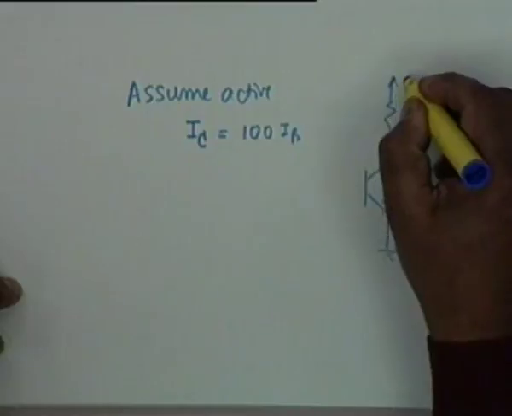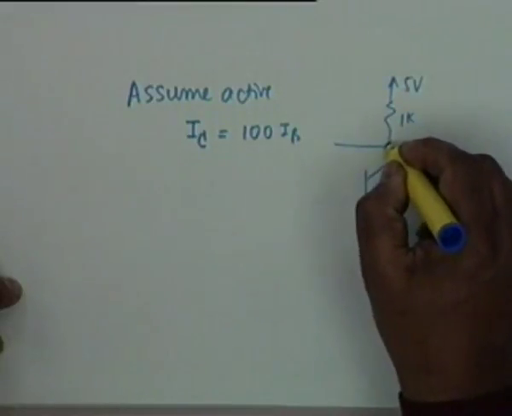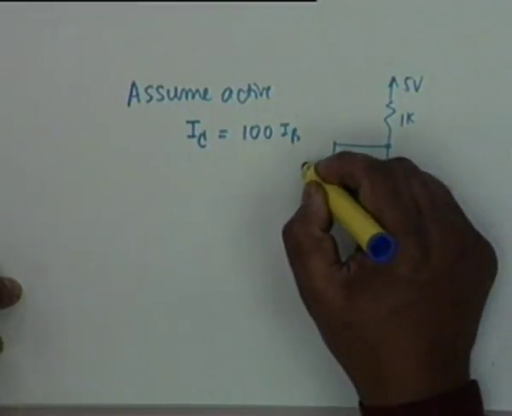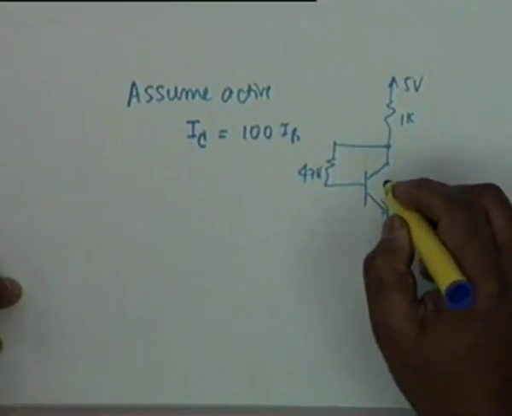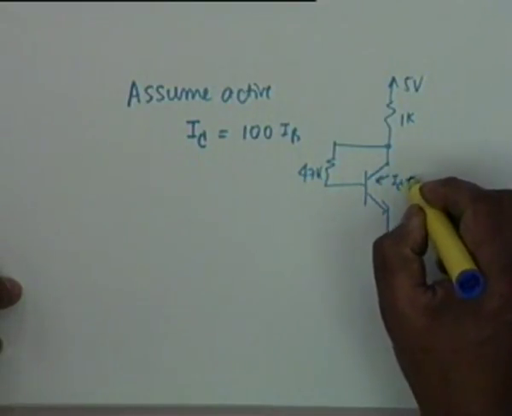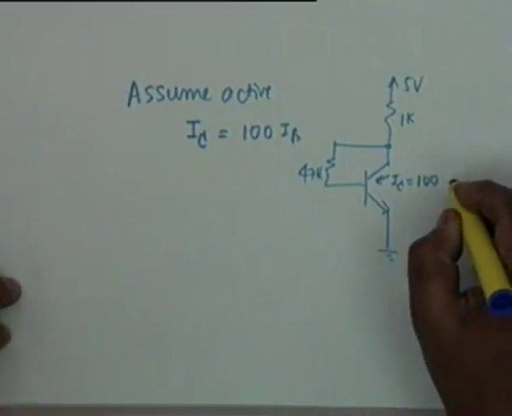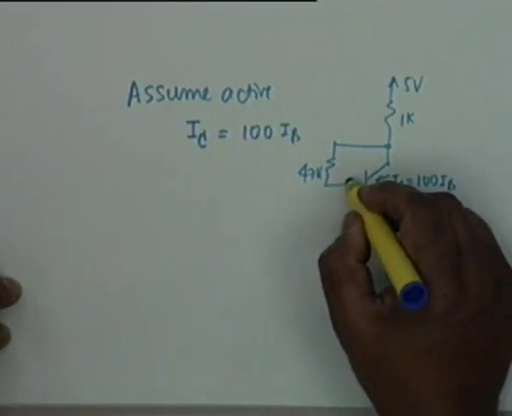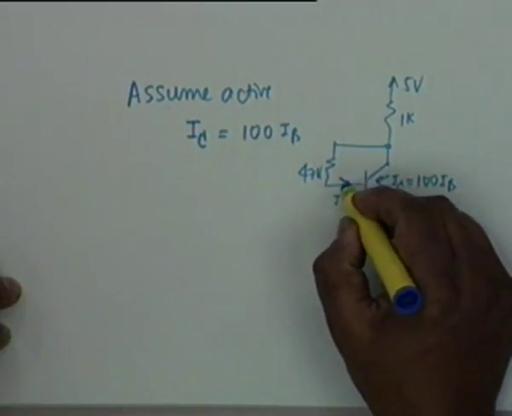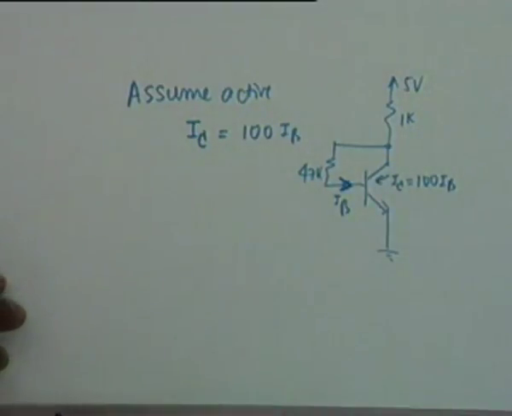This is 1K, 5 volt, and this is 47K. I_C is 100 beta times I_B, 100 I_B, and this is I_B, I'm sorry, in the other direction, I_B.